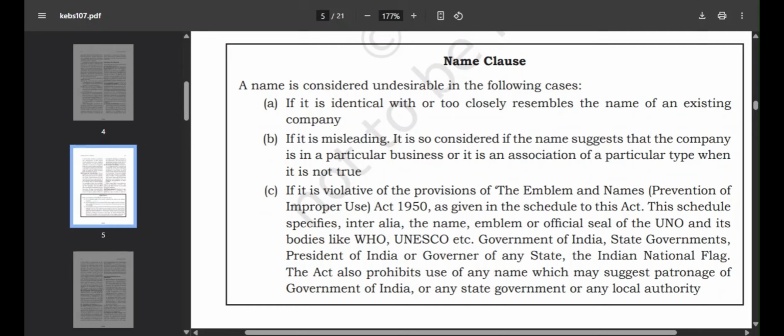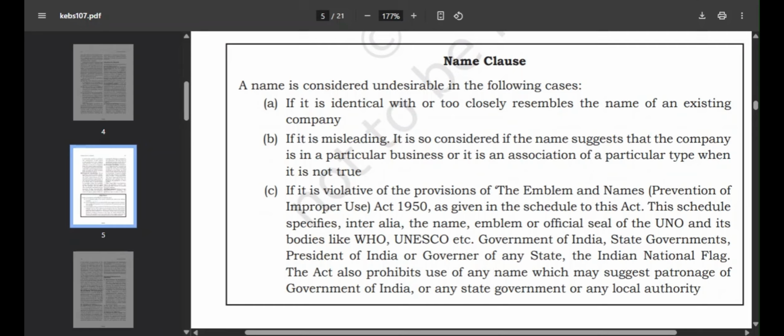So, if it is violative of the provisions of the Emblems and Names Act 1950 as given in the Schedule to the Act, this schedule specifies the name, emblem, official seal, etc. of the Government of India, state government, the President of India, the governor of any state, and the Indian national flag.